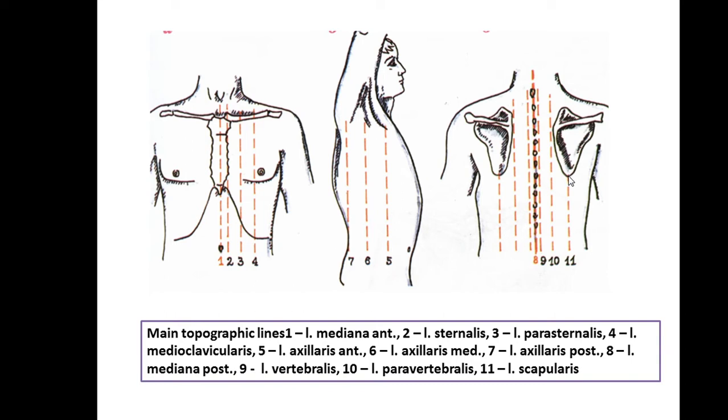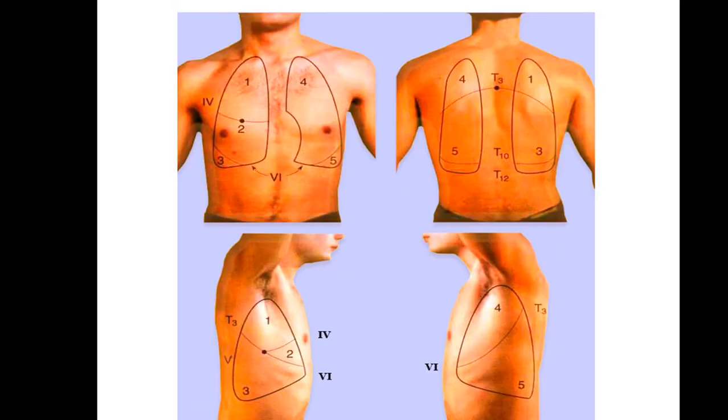Next is the line which goes through the scapular angle. This is the scapular line, and the line between the scapular line and vertebral line we call the paravertebral line.